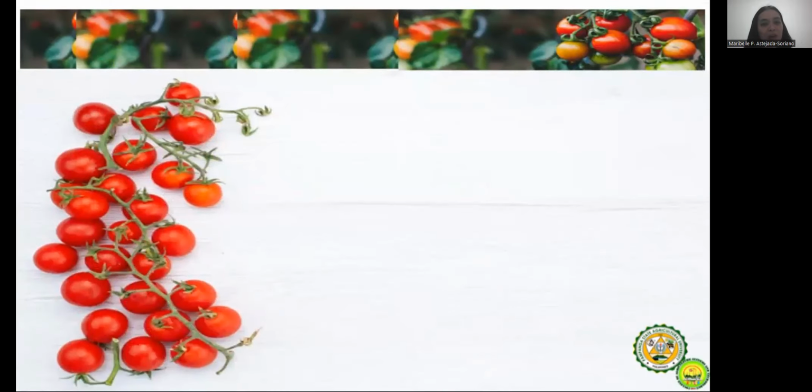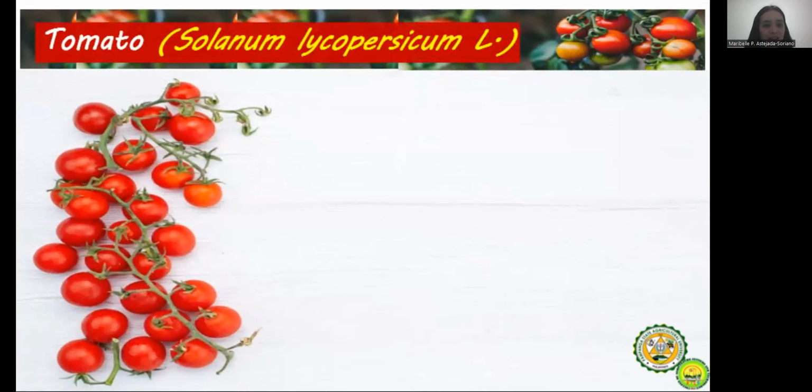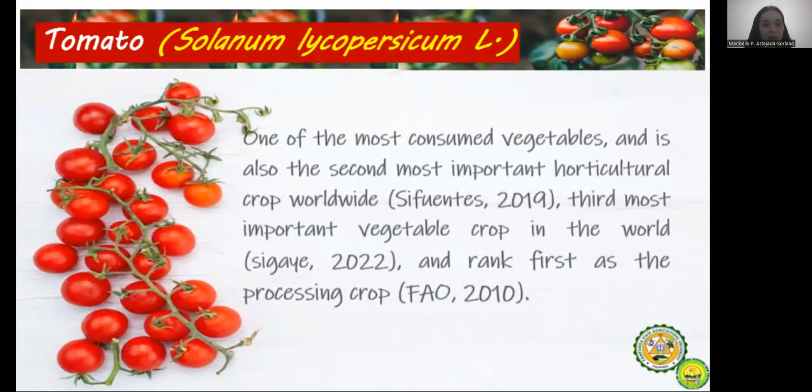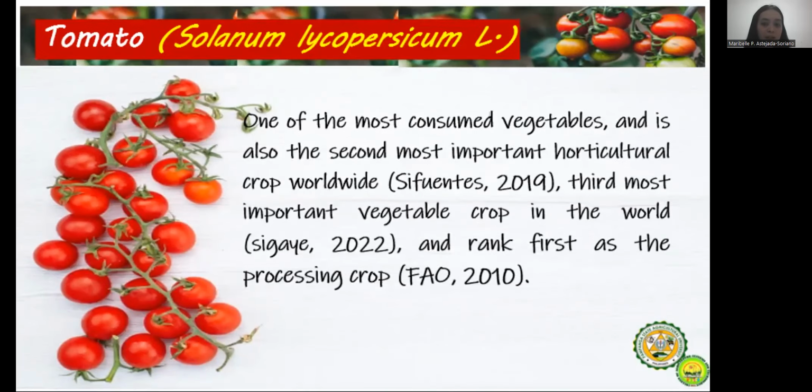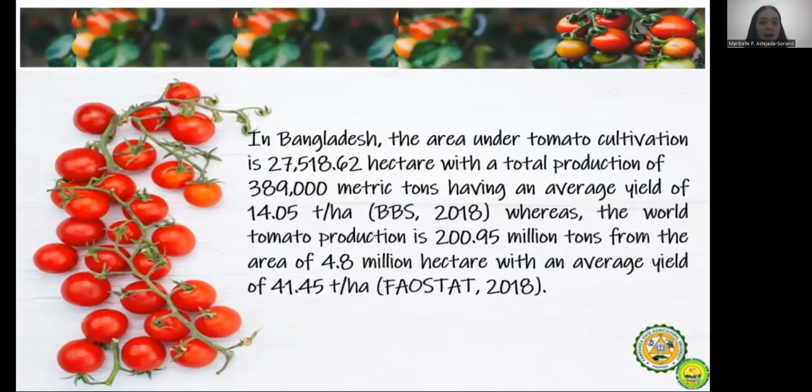So tomato, po, is one of the most consumed vegetables and is also the second most important horticultural crop worldwide. And it is also said to be the third most important vegetable crop in the world and ranked first as the processing crop, po, according to the FAO.